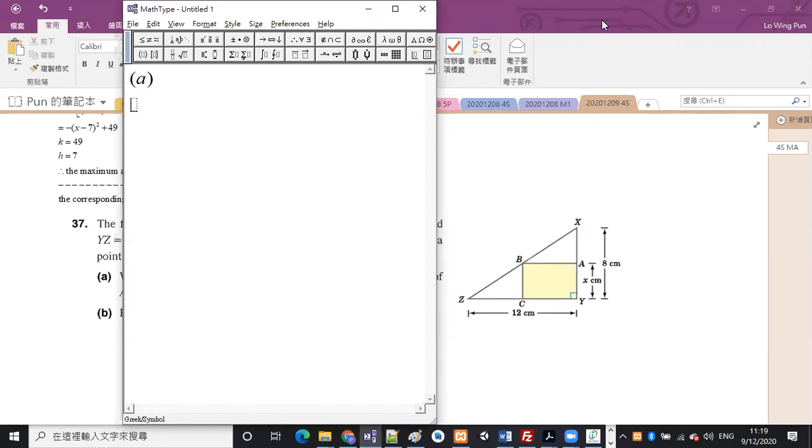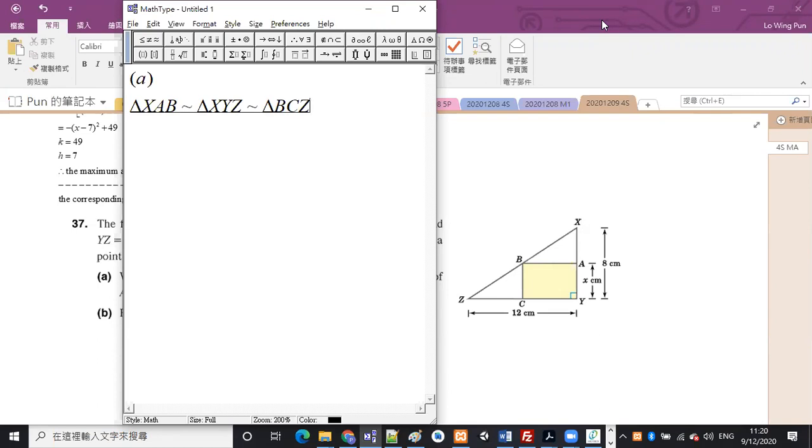咁你呢度是但寫一對就得㗎啦。OK, XAB is similar to triangle XYZ. It's also similar to triangle BCZ. Okay, can you see this?